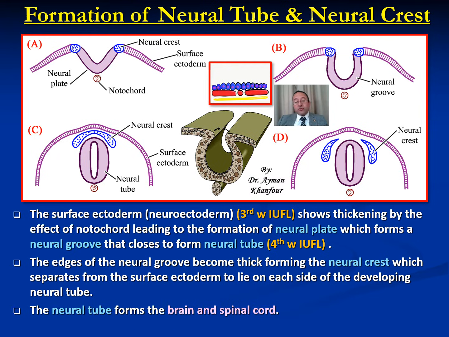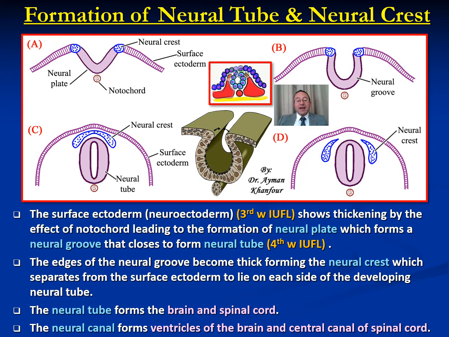The neural tube will form the future brain and spinal cord, while the neural canal will form the cavities of the brain, which are the ventricles, and the central canal of the spinal cord.